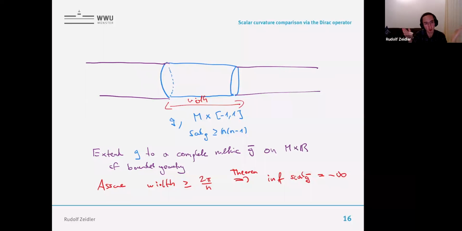But for sure, if the metric lives until the boundary, I can continue it in a way where the infimum is bounded below by some negative constant. So that tells me why the first part of the corollary holds.